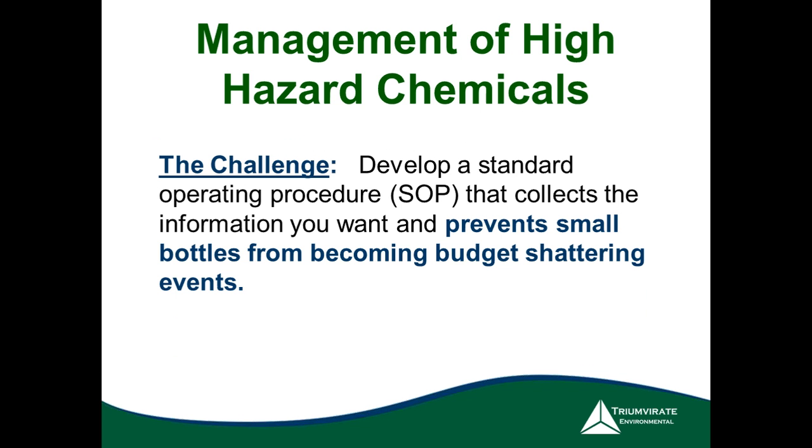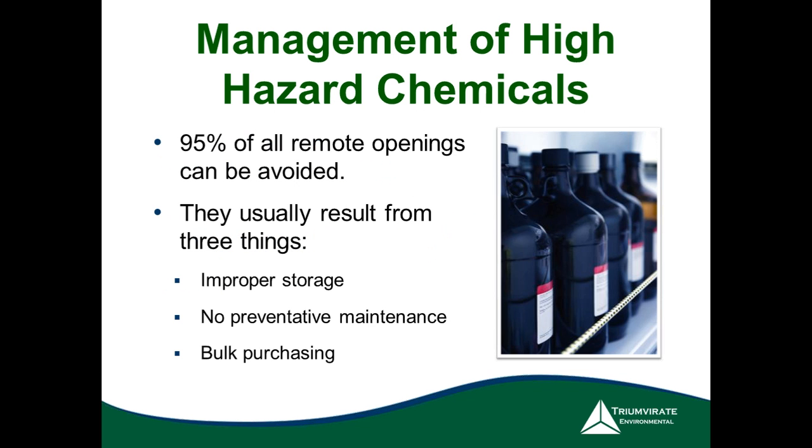The biggest thing is to avoid any remote openings and any off-hours work. In all the work that we do, typically about 95% of these remote openings can be prevented, avoided completely.